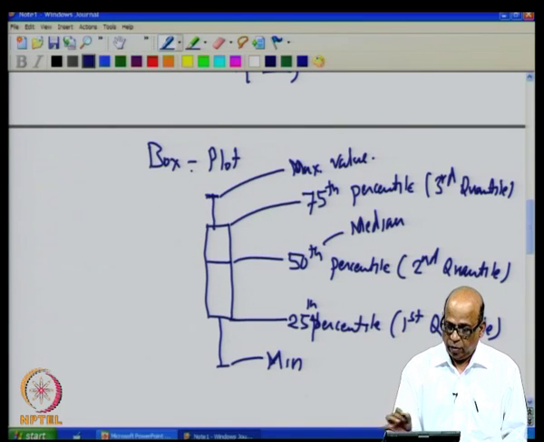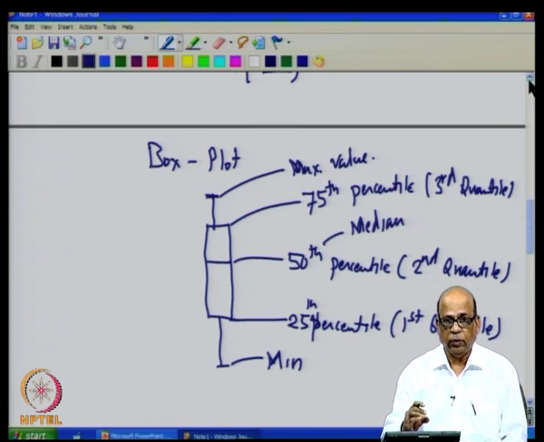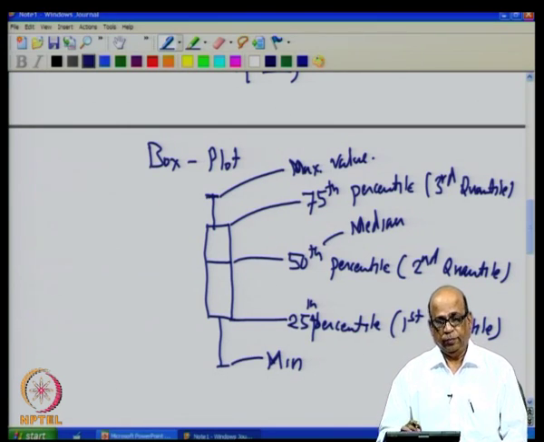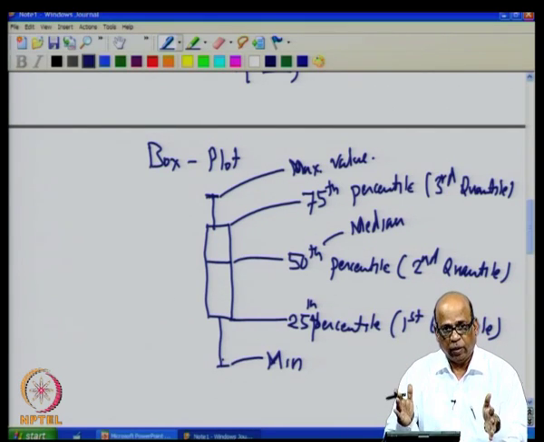So, the information contained in the time series has now been visually expressed through a box plot. You have 1, 2, 3, 4, 5 typical values. There are different variations of this, but typically it contains these 5 values. So, this is the minimum value. Let us say you have 50 years time series, simply pick up the minimum value out of that.